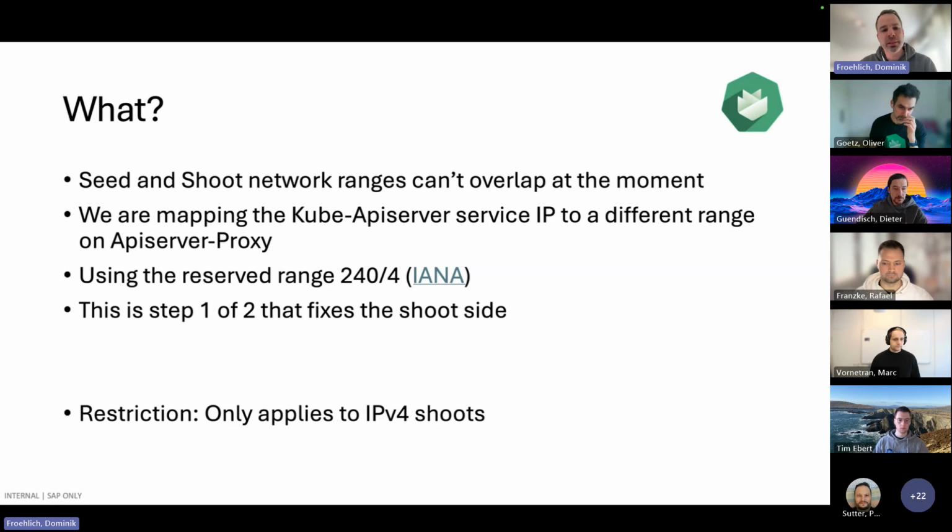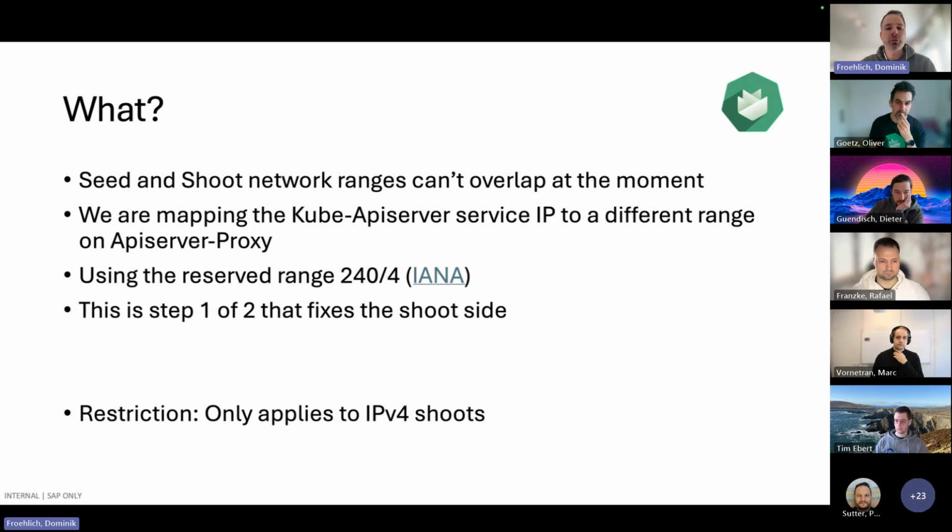One puzzle piece of that is the apiserver proxy, which has an IP address currently that's actually from the seed. It's the service IP of the kube-apiserver service on the seed, and we want to get rid of that so that you may use that IP in the shoot later on.